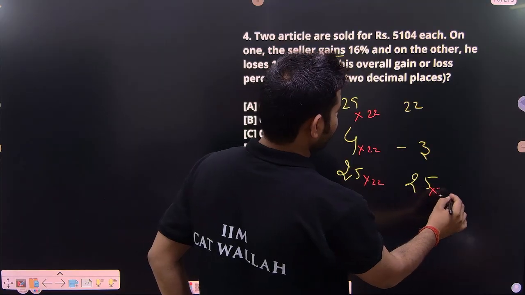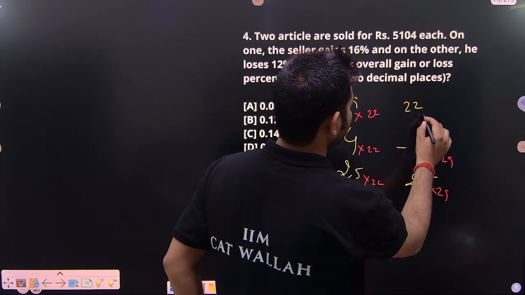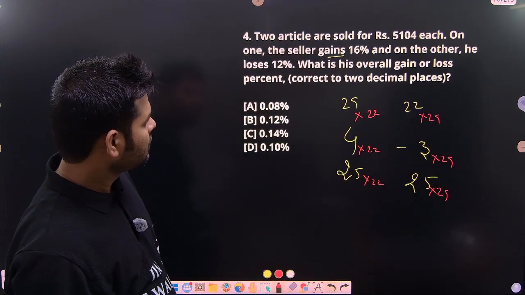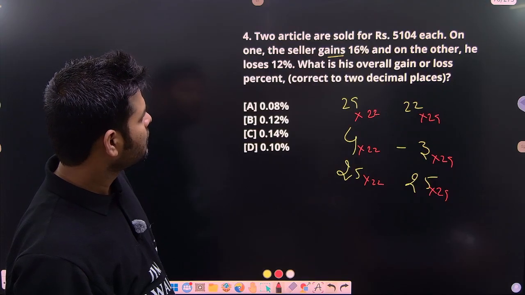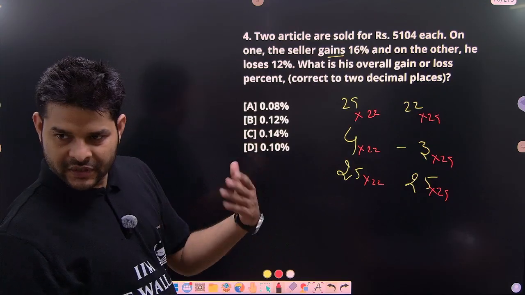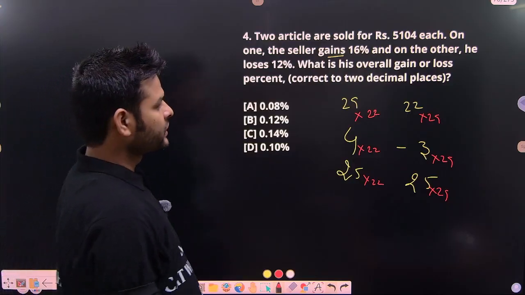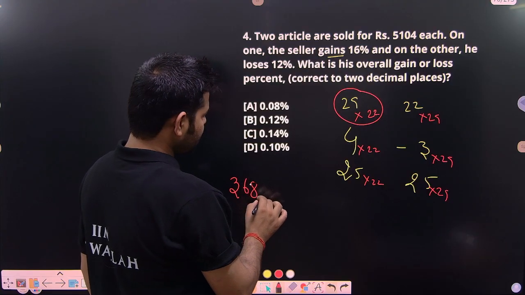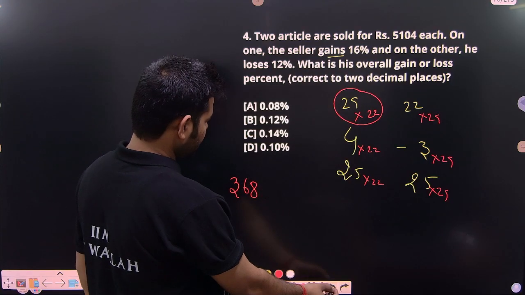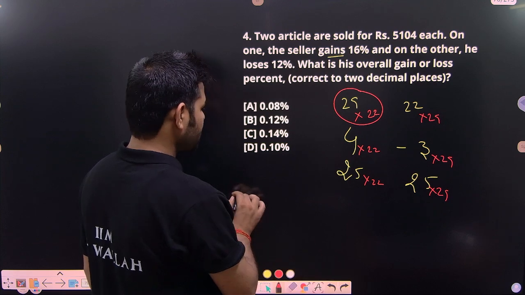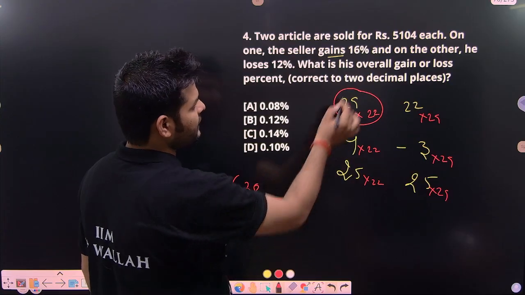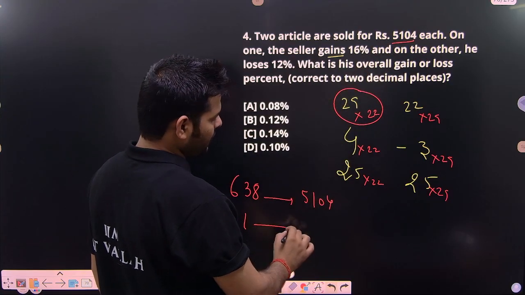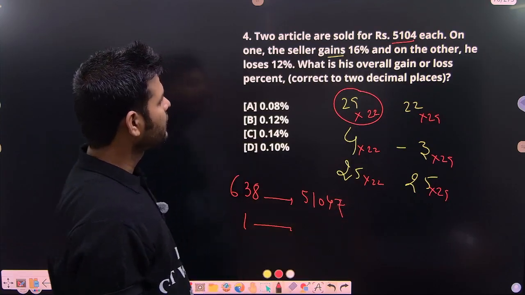You need to multiply by 29 and by 29 here. Okay, basically you are just doing the calculation. So that value would be 638. Sorry, my bad. 638 is going to represent 5104. 1 unit value would be 8.